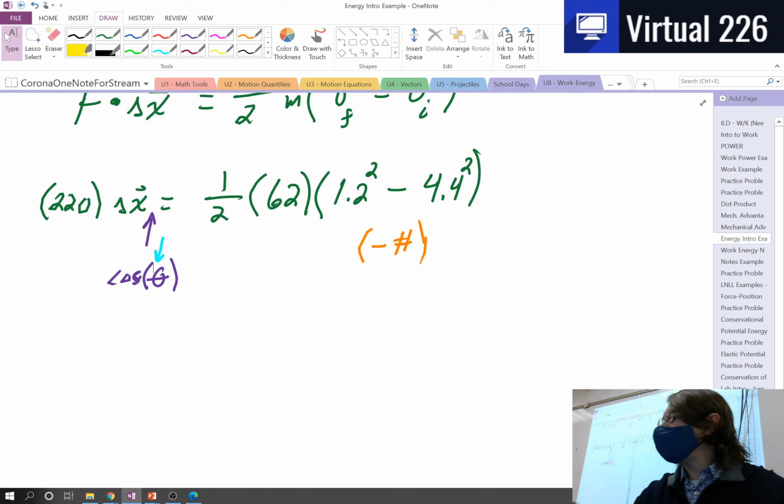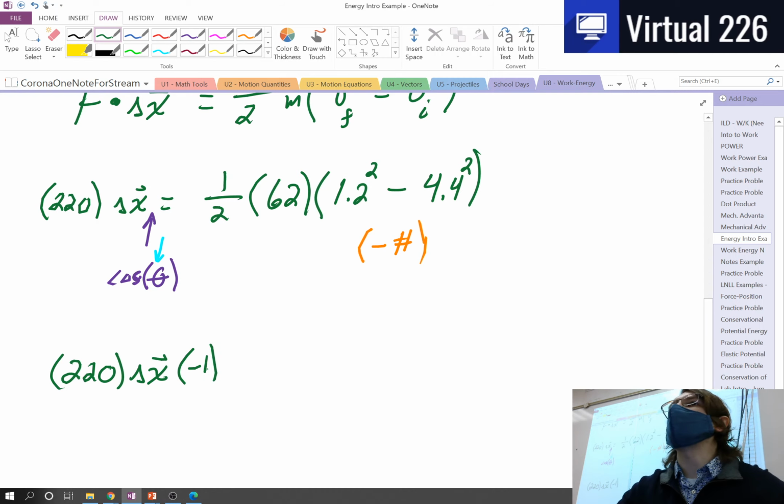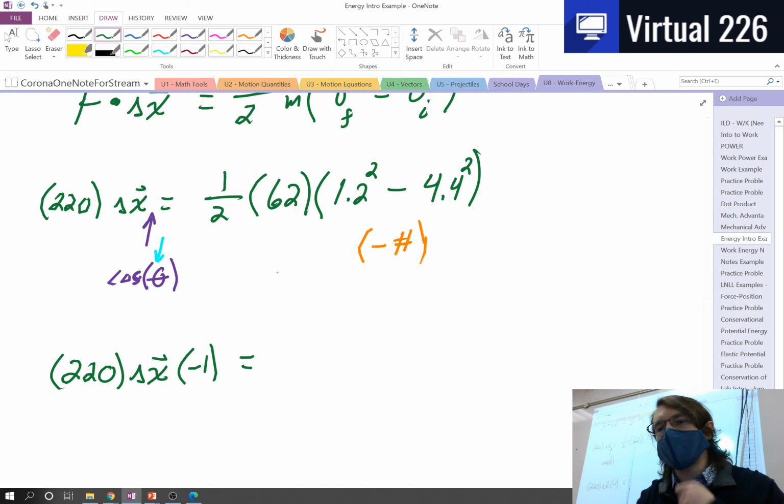So what we have here as we start putting in numbers is our 220 times delta x, what we're looking for, times -1 from the cosine component, that's our cosine of 180, equals, and then let's put our numbers together on the right-hand side. Remember, like I said, square the 1.2 and the 4.4 before you subtract them.